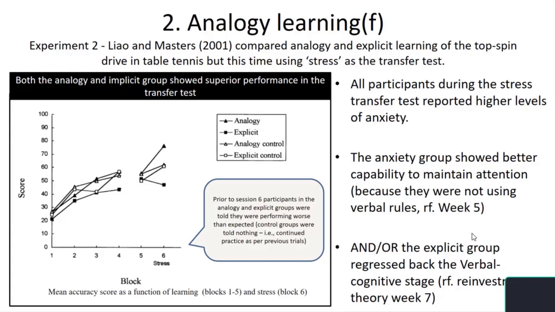And this meant that those resources that they're now using to control their skill are not able to be freed up to deal with the stressor or the pressure placed on them by the researchers.